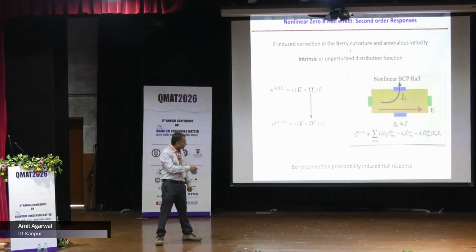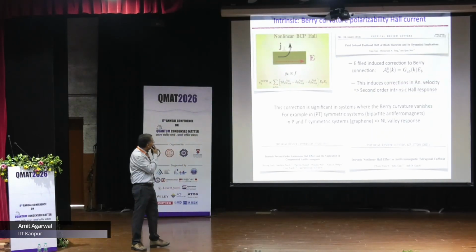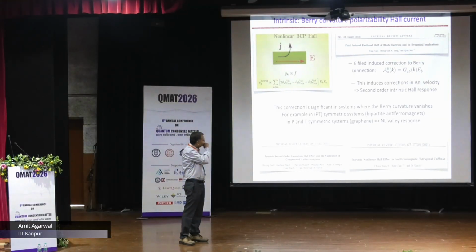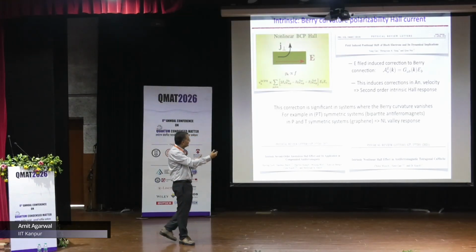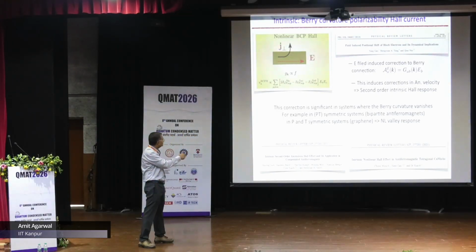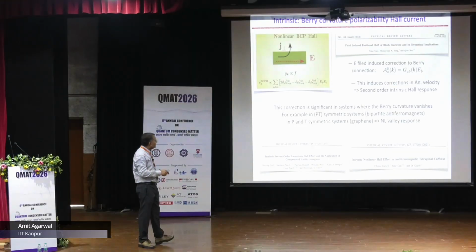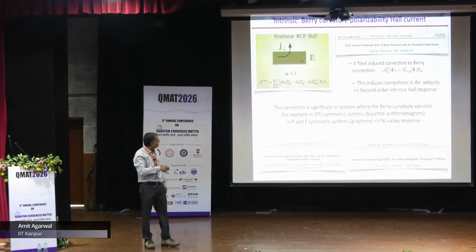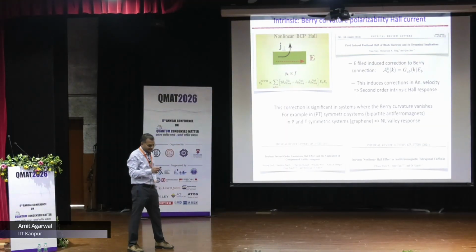So this was already there in 2014 in this paper as a correction to the Berry connection, this term basically, and this induces this particular velocity correction, and it was mapped to a specific Hall effect in these two back-to-back papers in 2021 basically. So this BCP induced nonlinear Hall response.